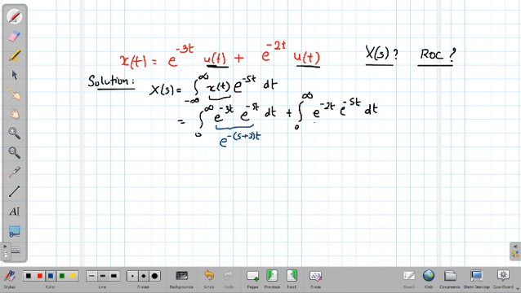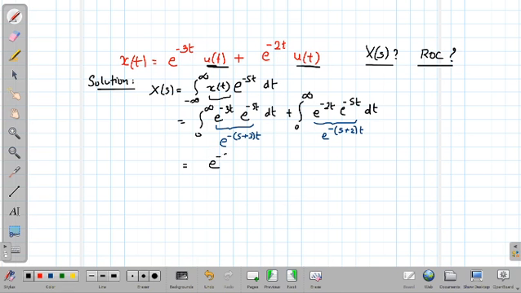Similarly, e raised to minus 2t into e raised to minus st is e raised to minus of s plus 2 times t. So this becomes the integral from 0 to infinity of e raised to minus of s plus 3t, plus the integral from 0 to infinity of e raised to minus of s plus 2t.